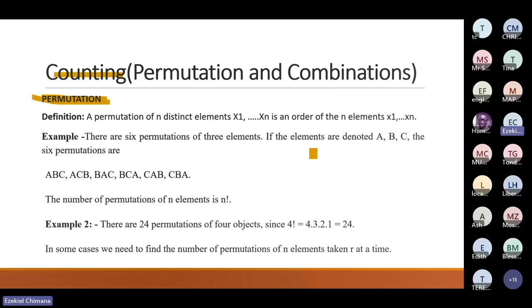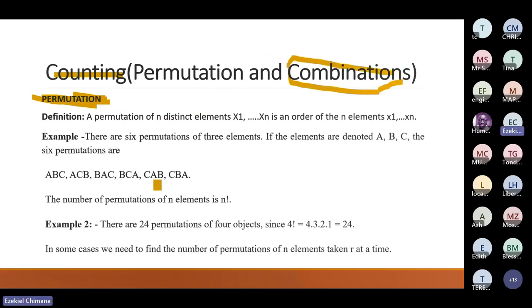How can we order these elements? That's what we call permutation. So here we do look at the order. You are going to see the difference when we do the combinations. When you do the combinations, we'll actually neglect the issue of order.